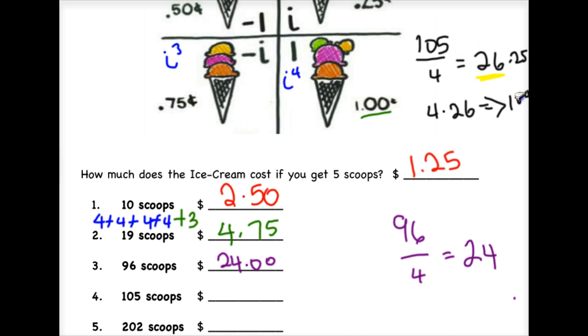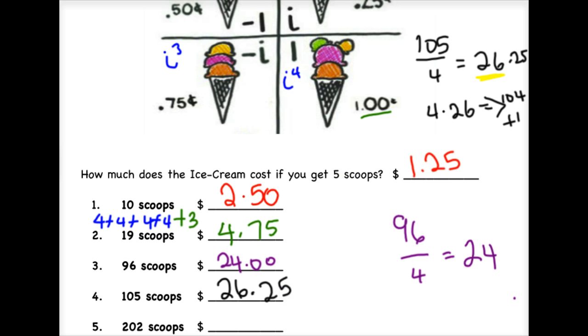Okay, you can't see this 4. Let me just write this a little better for you. This will be 104. So 104, how can I get to 105? I know I have to add 1. So remember, this whole number that we highlighted, that's going to be my dollar amount, 26, and then I need one more scoop, which is 25 cents.